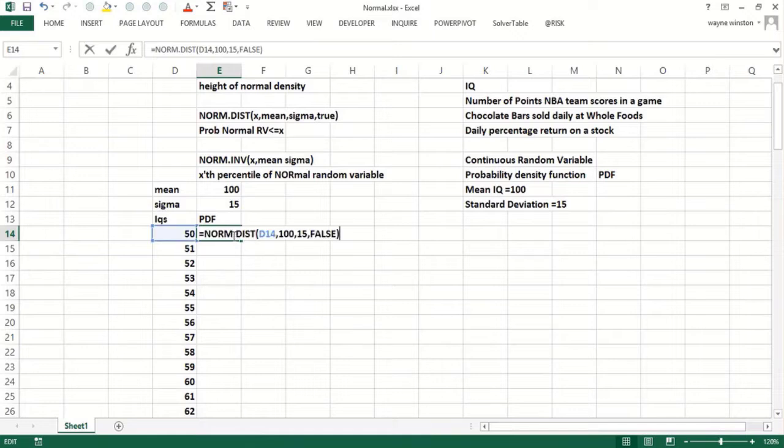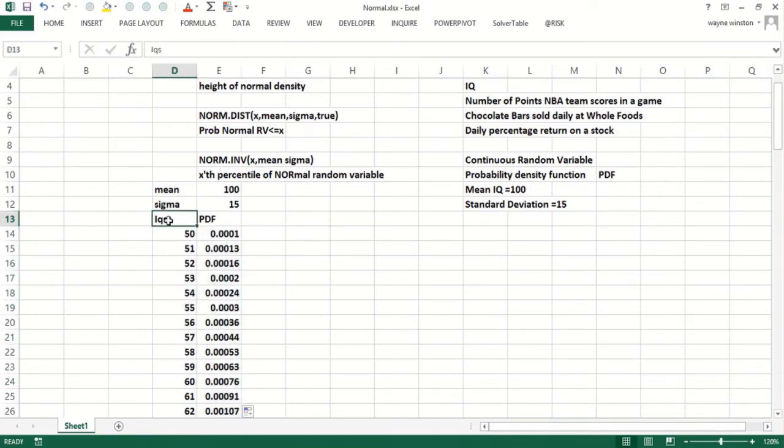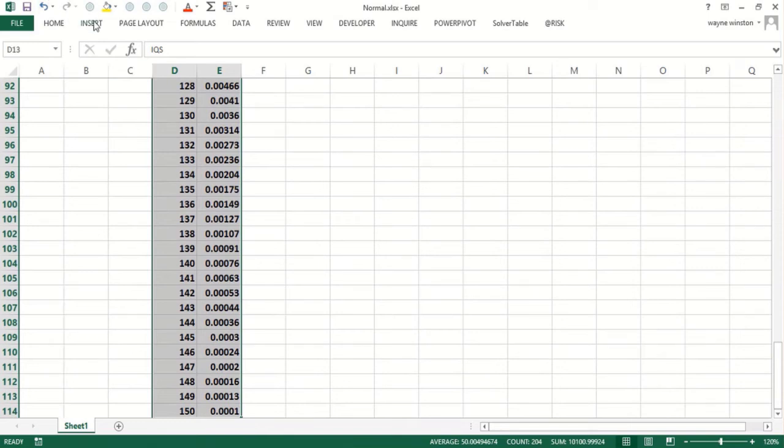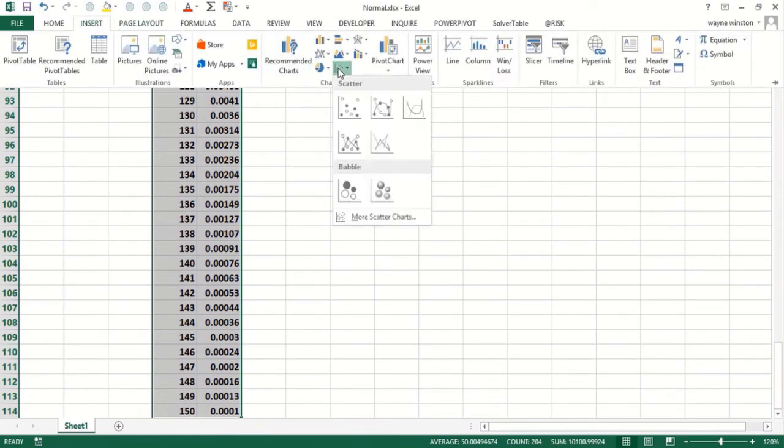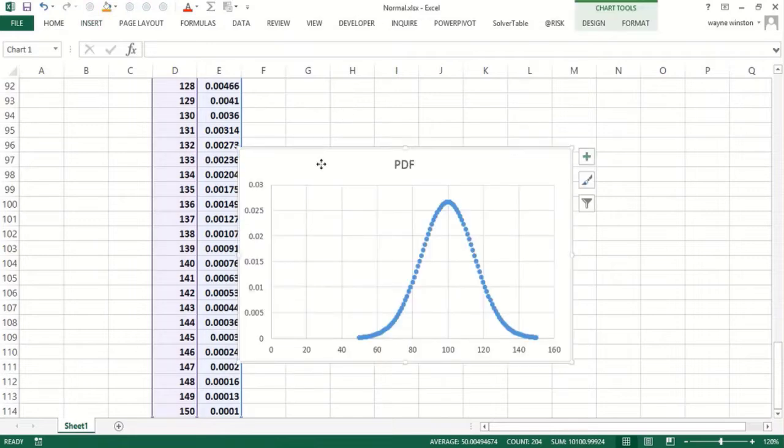I can hit F2 to edit this cell, and I'm going to make the mean be this cell, dollar sign it, and the standard deviation be this cell, right there, dollar sign it. Okay, now I can copy that down and I can get a normal density. Okay, so let's just graph this. I can do a scatter plot, insert right here. Okay, there's a normal density.